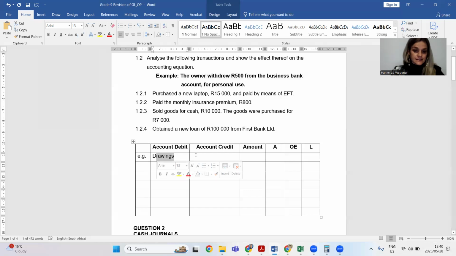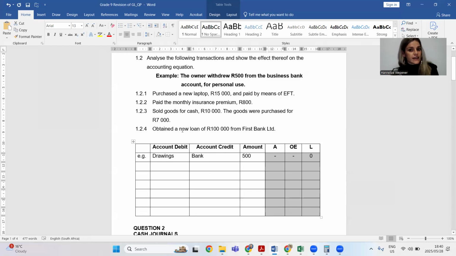Bank is an asset. Assets, if they increase on the debit side, it means that they decrease on the credit side. The amount is 500. So I said I have less money and I now have less owner's equity because the owner can only take that much. If he has taken his 500 Rand, he can't claim that 500 Rand again. It's now done. You had your chance.